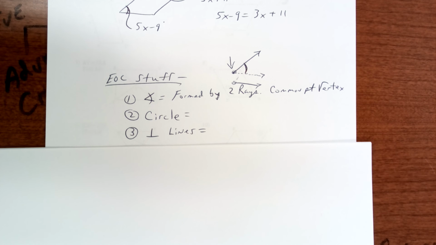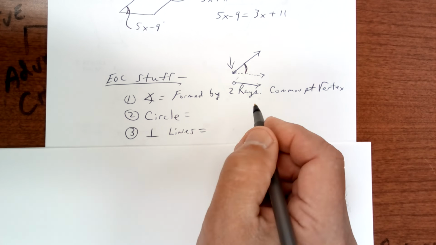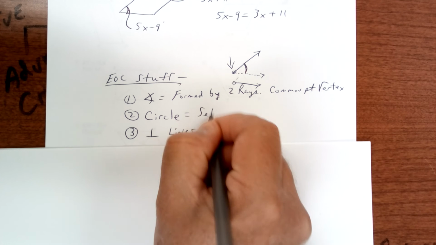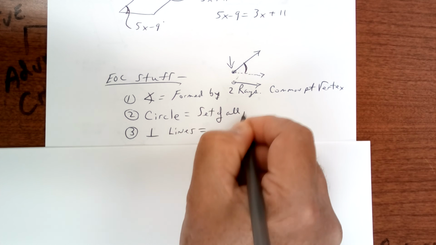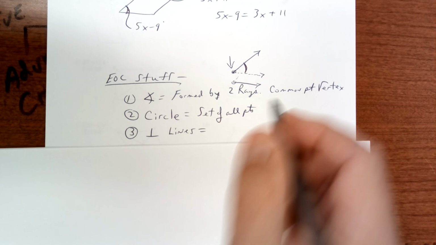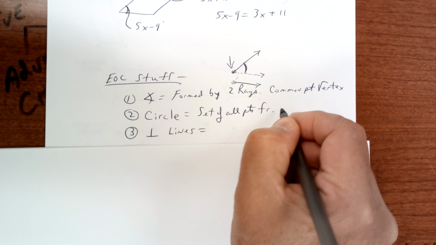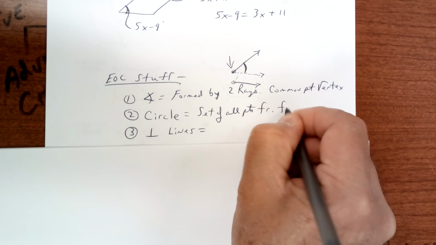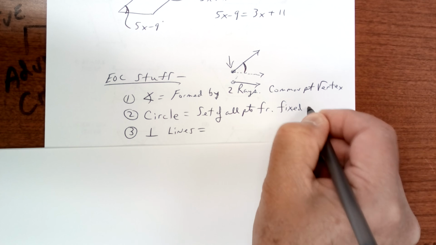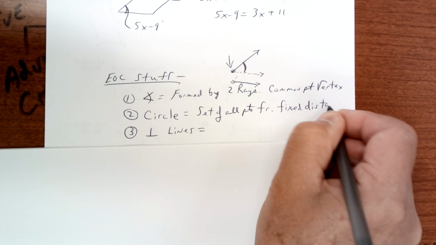A circle is the set of all points from a fixed distance from the center.